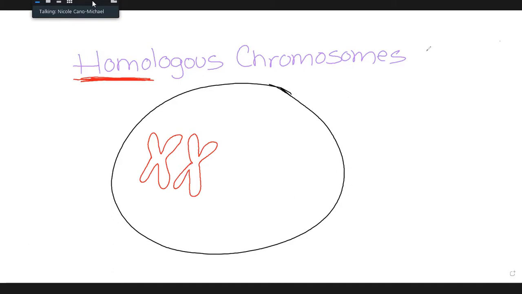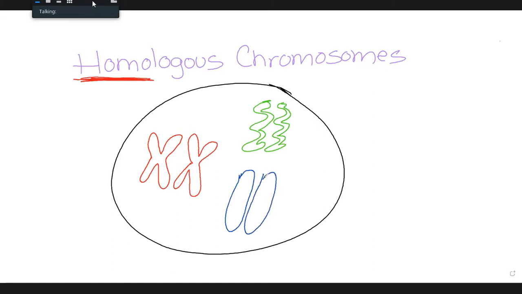Maybe I have a green chromosome, and my green chromosome is all squiggly, and I have another green chromosome that's all squiggly. And then maybe I have a blue chromosome, and it just kind of looks like an oval. So that's all that's going to fit in here. This is obviously not a human being because there's not enough chromosomes here.